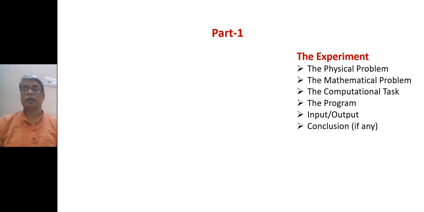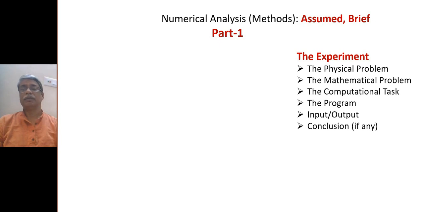Then we visited the program closely, including the programming logic, input, output, and finally any conclusion. In part 1, we assume that we will not be discussing numerical methods in detail, because that corresponds to the theory part of the corresponding paper.